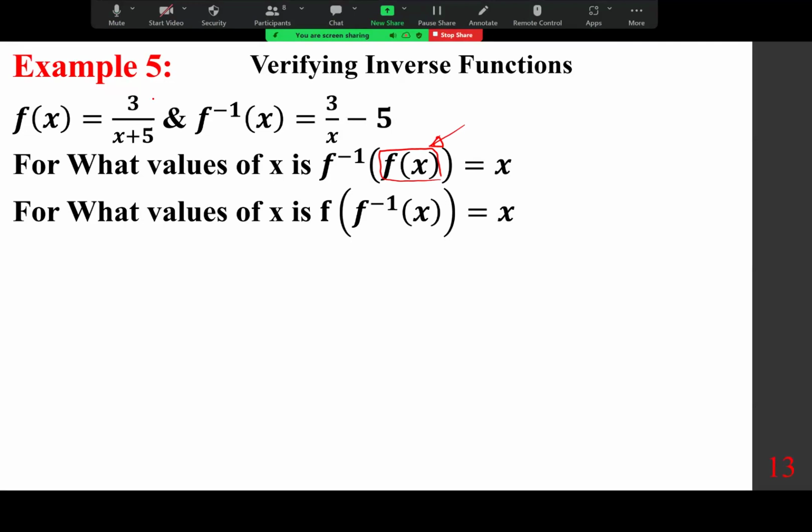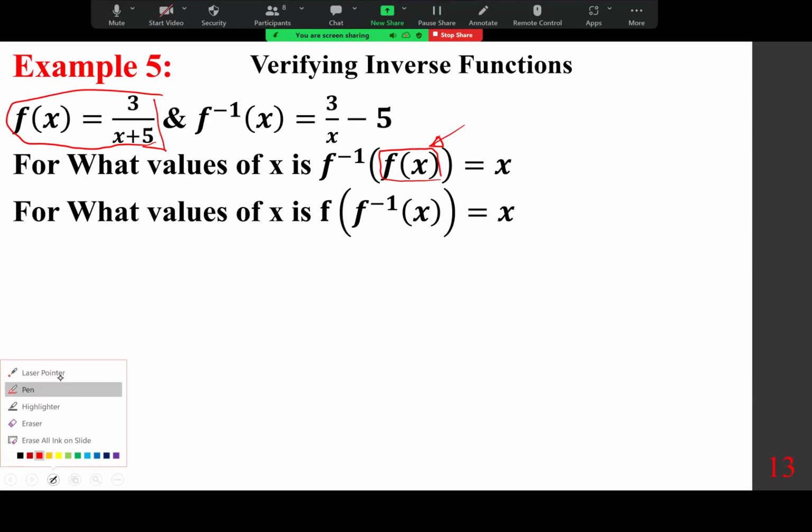So I'm looking at this one and say this is defined everywhere except at x equals -5. In other words, I'm going to set the denominator equal to 0 and x becomes -5, and I exclude that. So this one, x can't be -5.